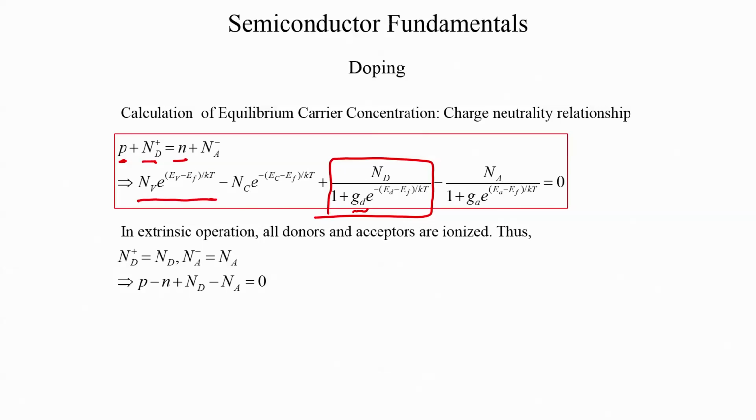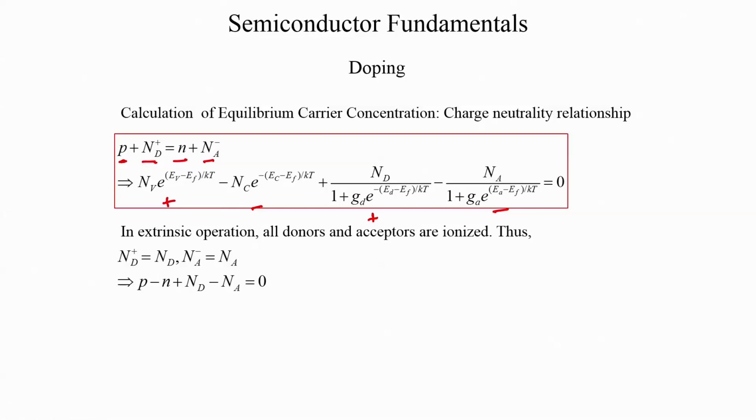N is nothing but Nc e to the power minus Ec minus Ef by kT, and Na minus is this term. So, what we have done here is just bring all the terms to the left hand side and say that the left hand side is equal to 0.